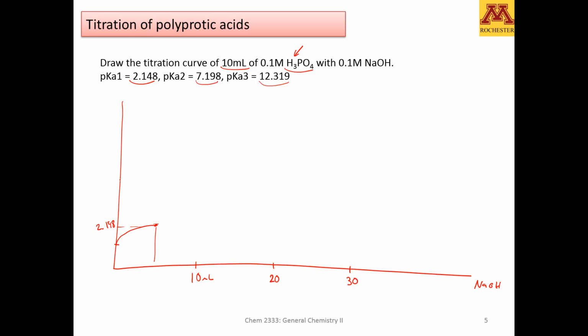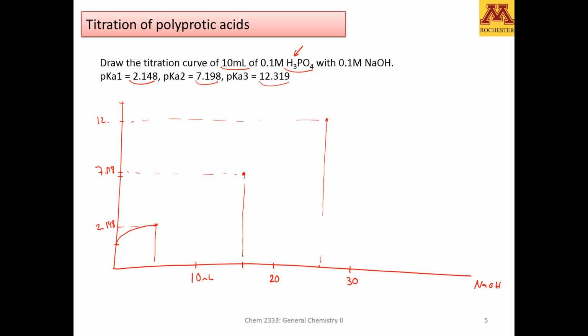Let me just draw it here. So if this is 7, this is 14, the second pKa will be here, 7.198, and finally the last one should be 12. Just going to put it because, okay, these are halfways of the titration.